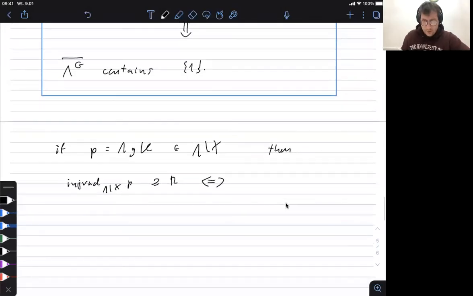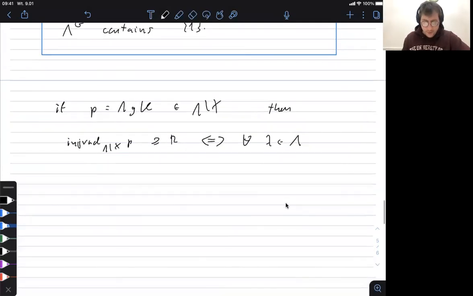This actually means that for every lambda in Lambda, let's exclude the trivial element, if I look at the displacement of my point X by lambda, this must be bigger than R. So this is a direct translation of the condition about injectivity radius.